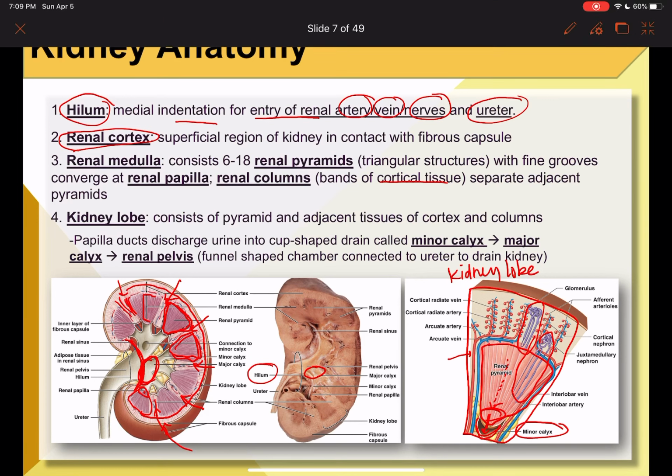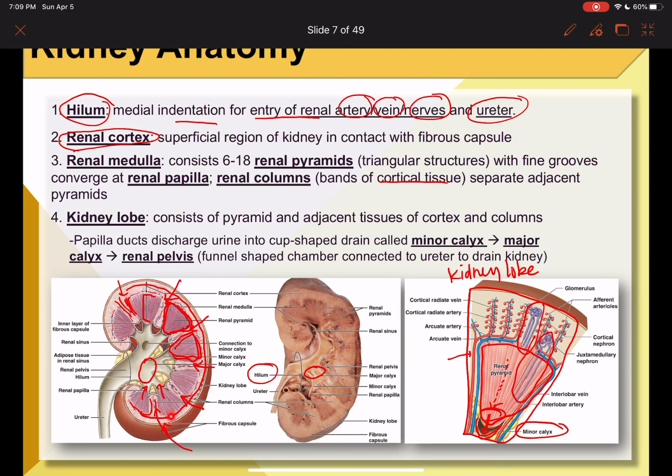Let me do some erasing so we can be clear of what we're talking about. Okay, so these are your minor calyx. This area is a major calyx. Okay, major calyx, minor calyx.